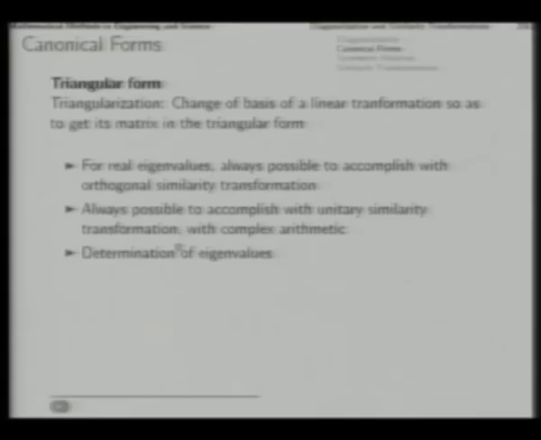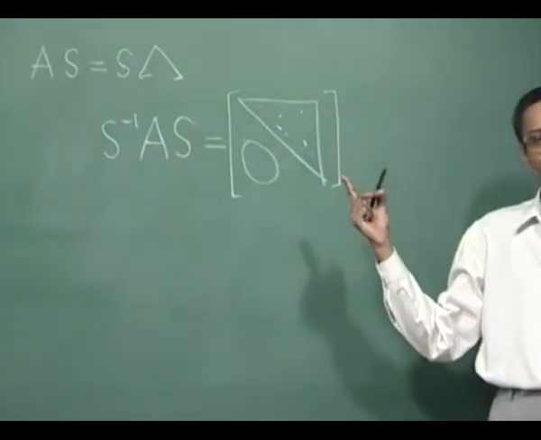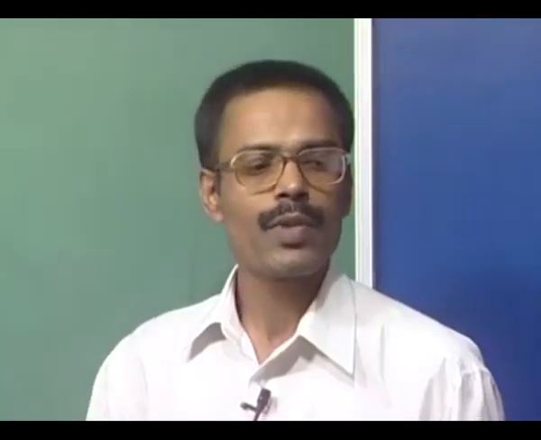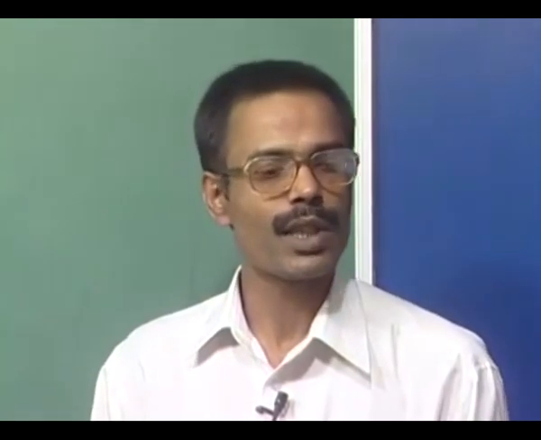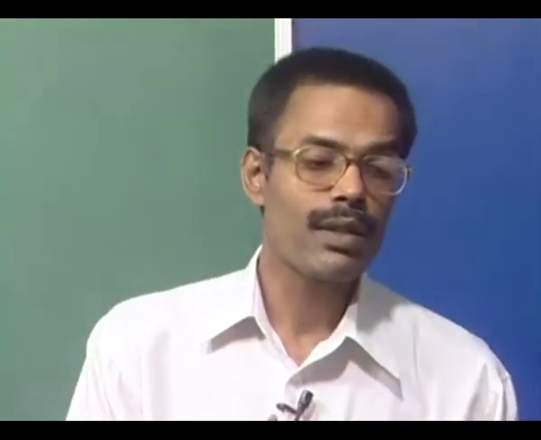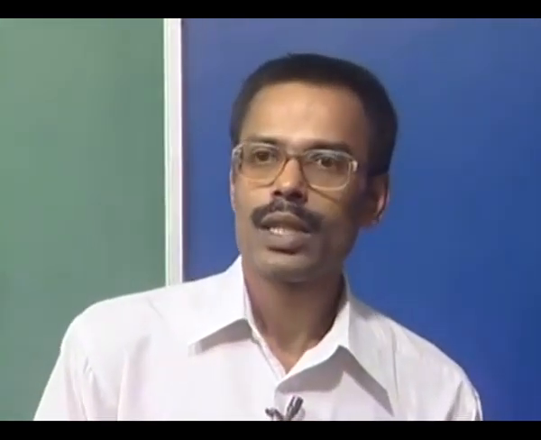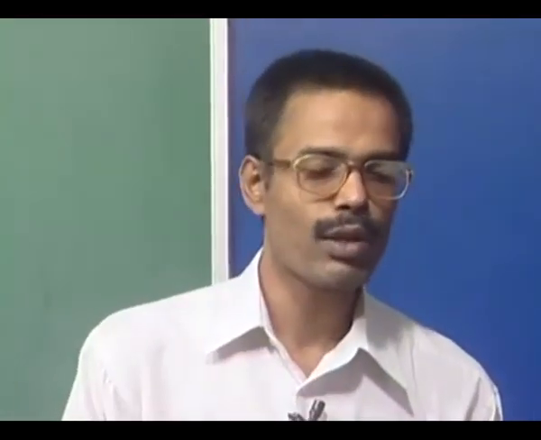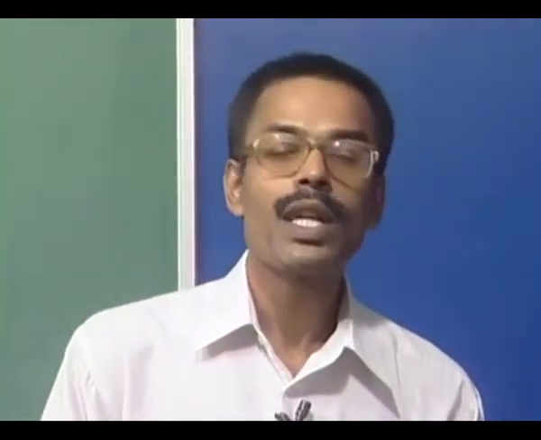Whatever holds for orthogonal similarity transformation in the case of real eigenvalues, in case of complex eigenvalues, the same will be true with unitary similarity transformation. That is, S in that case will not be necessarily orthogonal, but it will be unitary, which is the complex analog of orthogonal matrices.